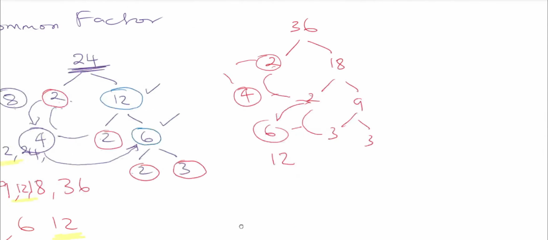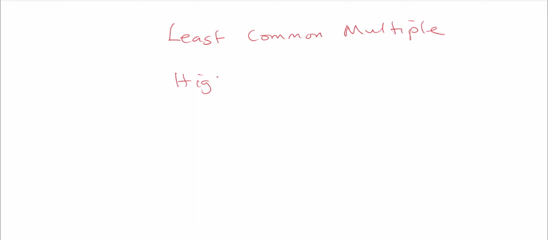So there you have HCF. Now let's go to LCM. LCM stands for the least common multiple. In a way, it feels like the opposite of HCF, because here we are talking of least and there we are talking of highest. Okay, so opposite.